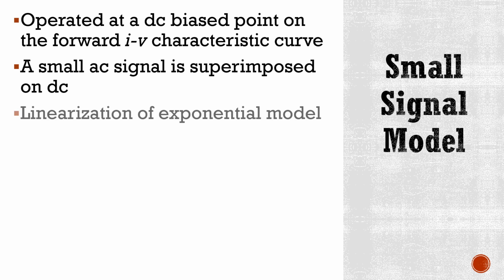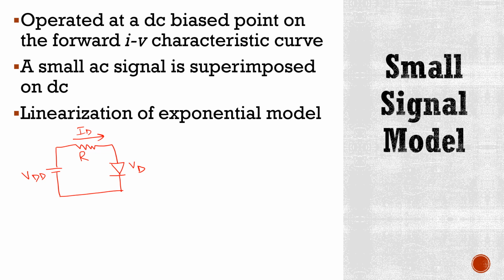This model is a linearization of the exponential model. Now, this is a simple diode model where this is VDD, this is R, current ID is flowing in this direction, this is the diode, and the diode voltage is VD.